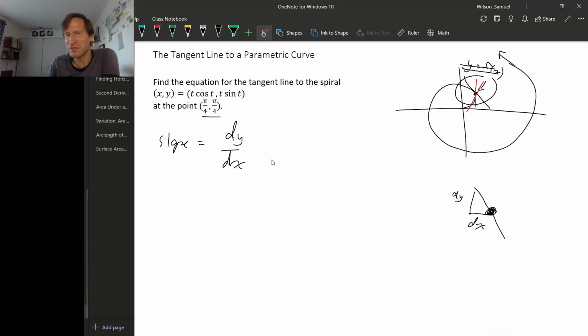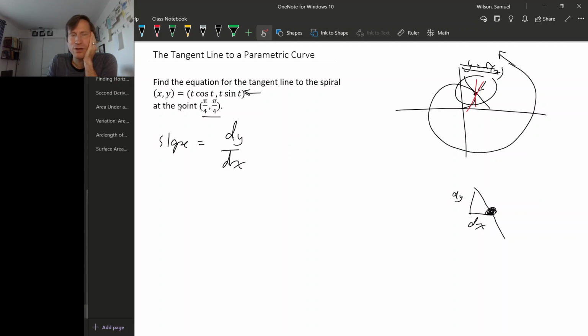The derivative we're after is still dy over dx. So we still want to compute dy dx. But how? We don't have y as a function of x, and we aren't likely to get it. So how can we use this parametric description to calculate dy dx?